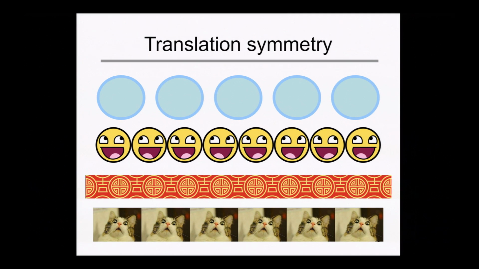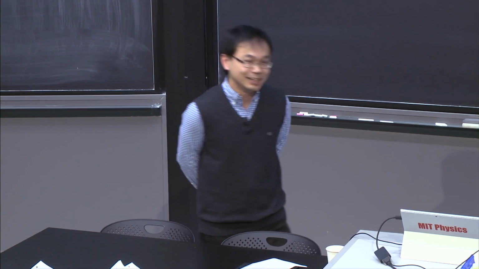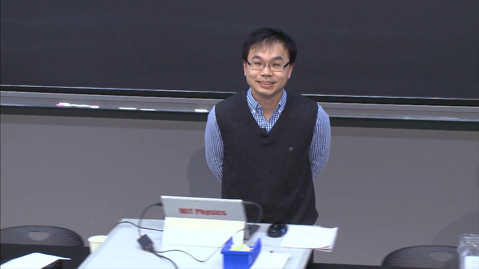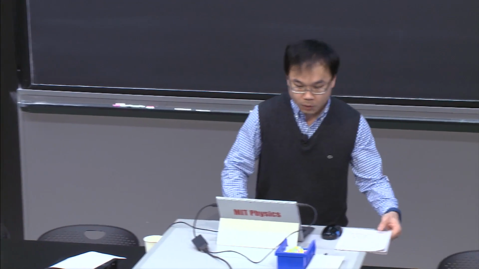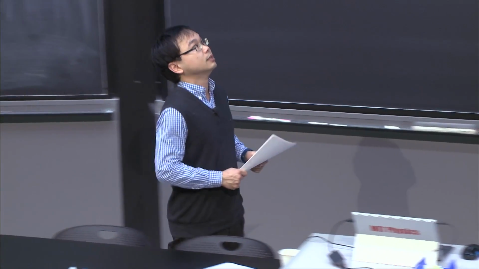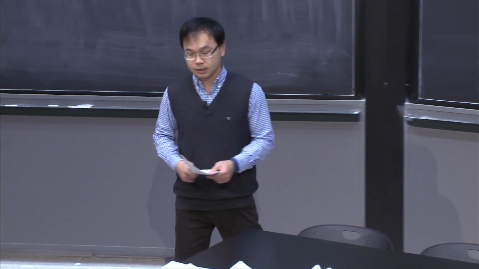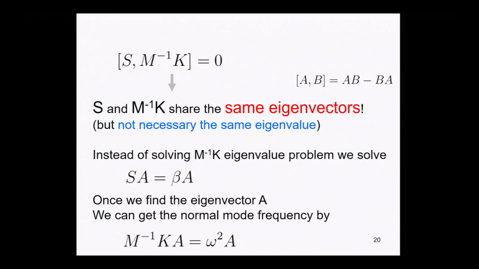And all those figures will have the same normal modes, because of the space translation symmetry. We introduced an S matrix, which is used to describe the kind of symmetry that this system satisfies.